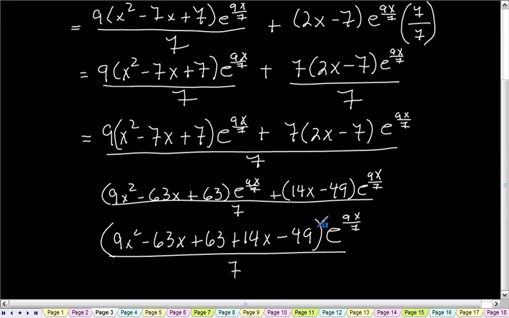Now in this parentheses, there are things that we can do. This stays the same. 9x squared. Can't do anything with that. Then minus 63x plus 14, I think it gives me negative 49, I believe. Check my math. I'm really bad at math. Just kidding. Yeah, 49. Minus 49x.